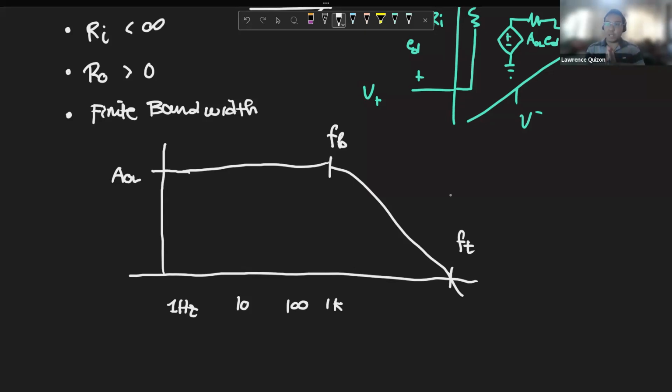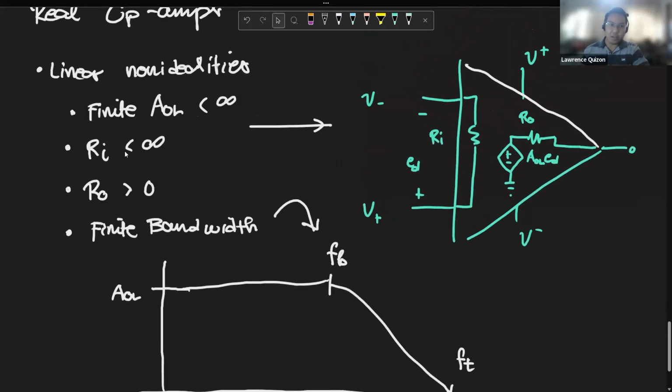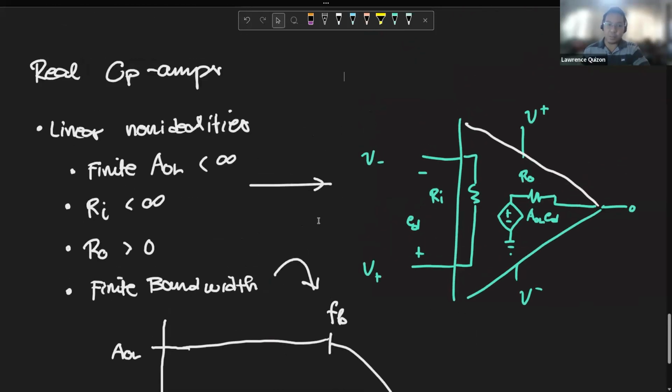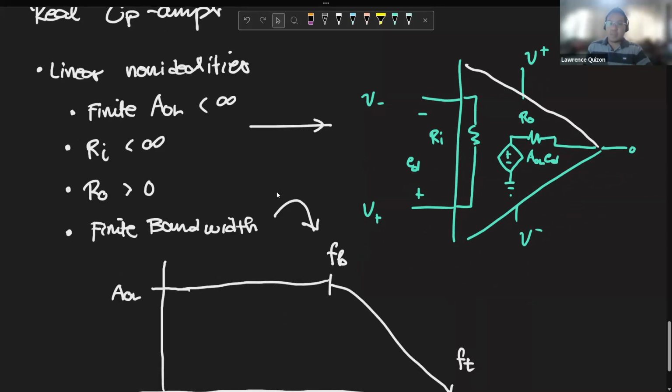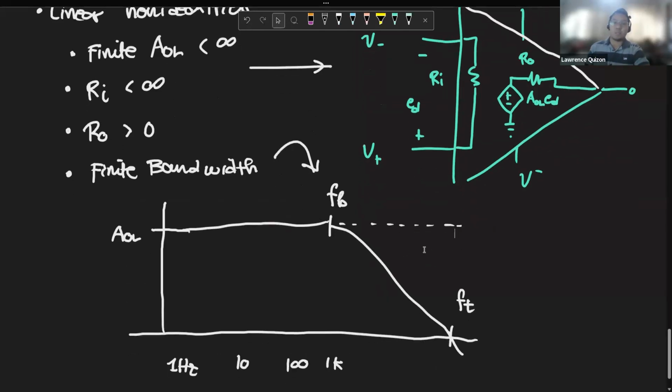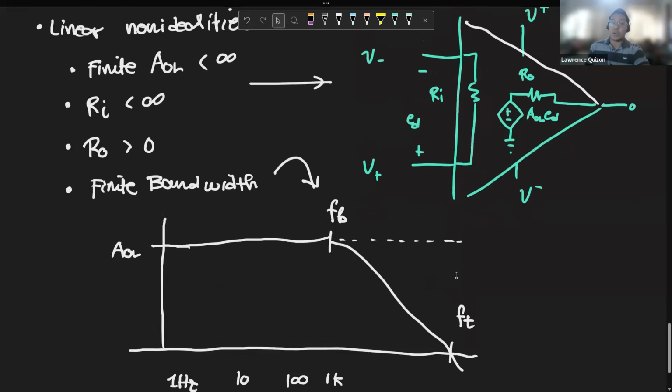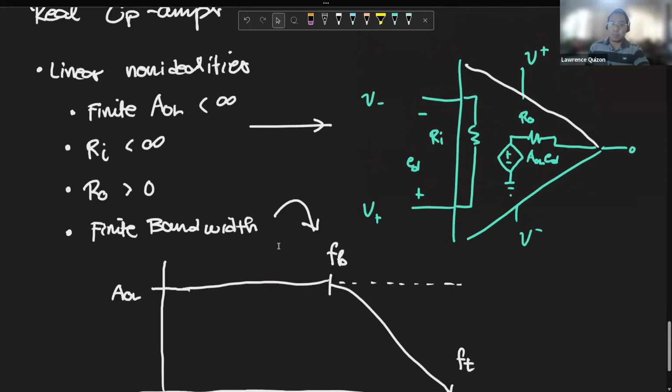So it transitions from being an amplifier to not an amplifier at the transition frequency. All it's saying is that this happens for real op-amps. For ideal op-amps, this does not happen. We assume na constant yung gain no matter what. Right? So these are your linear non-idealities of the op-amp.